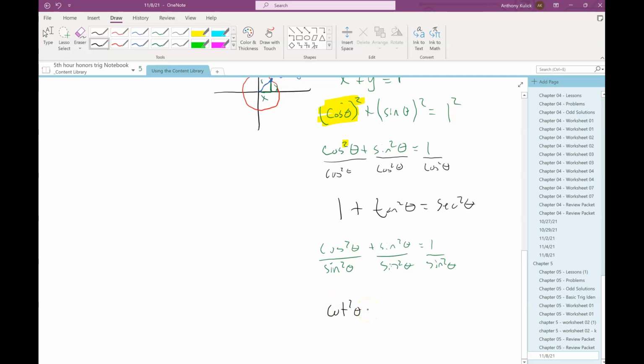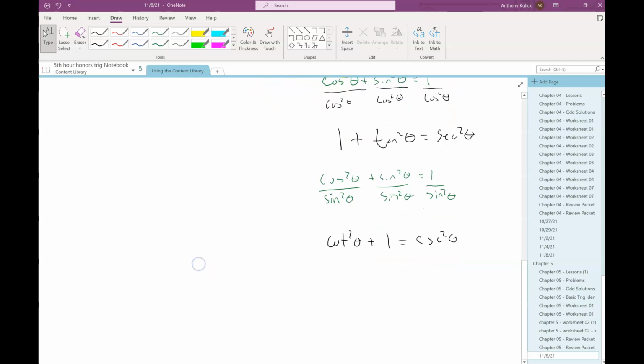So cosine squared over sine squared is cotangent squared. Sine squared divided by sine squared is 1. And 1 over sine is cosecant, so 1 over sine squared is cosecant squared. And we put these all together, and these are what we call our Pythagorean identities, since these are all based on the Pythagorean Theorem.